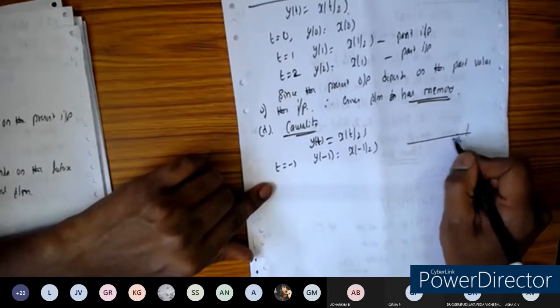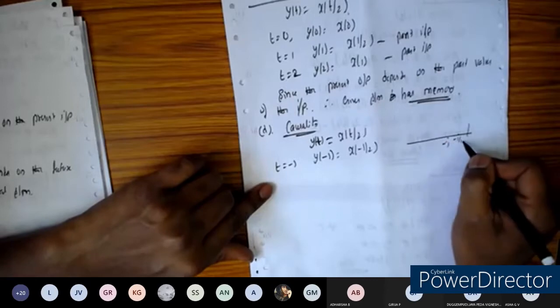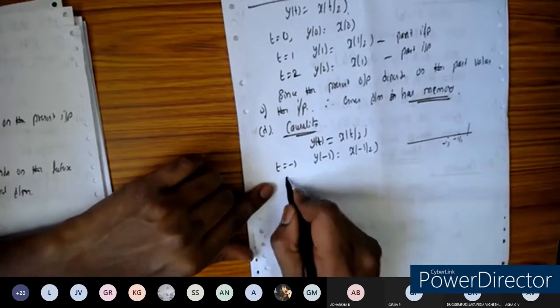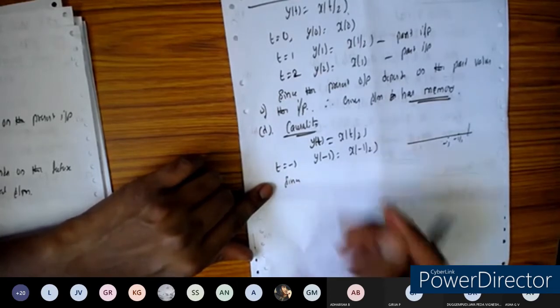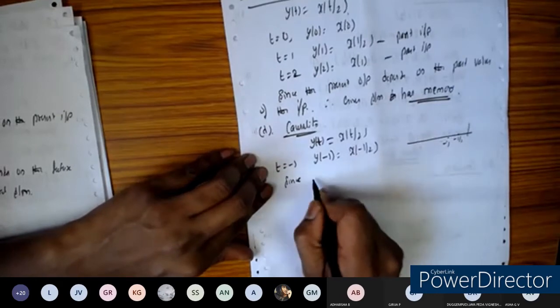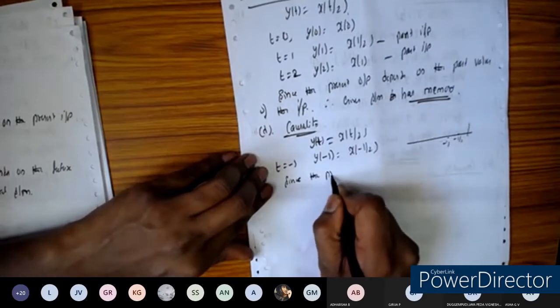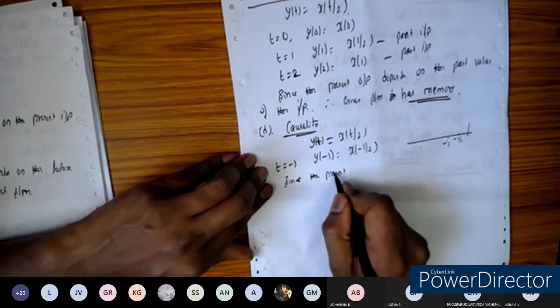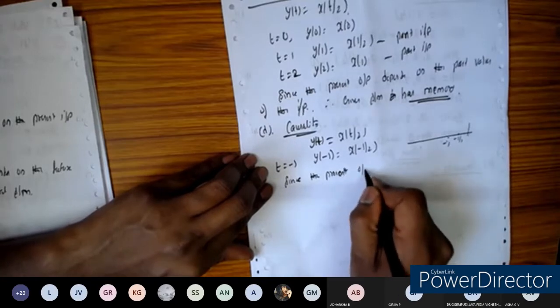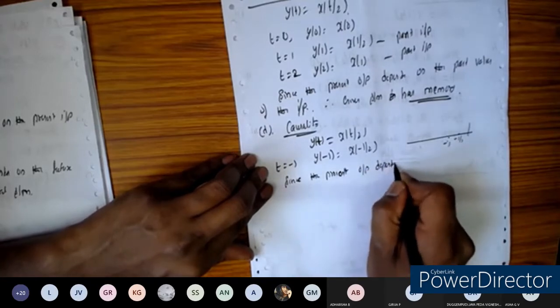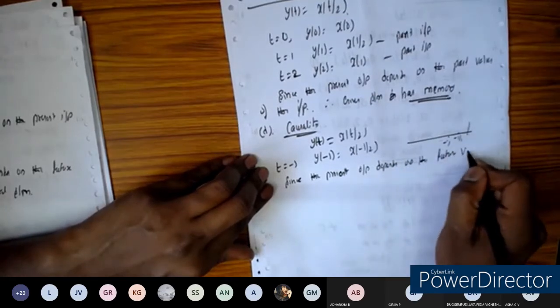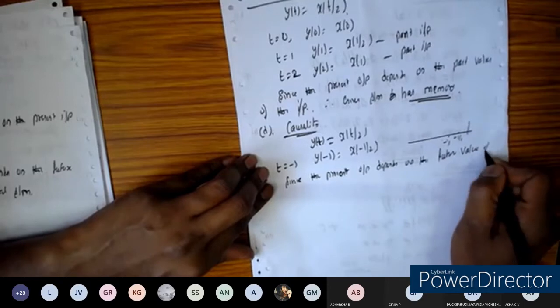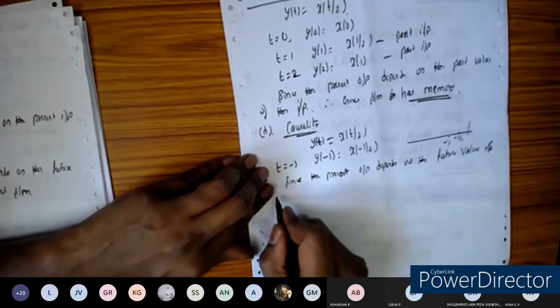So since the present output depends on the future values of the input, we can say it is a non-causal system.